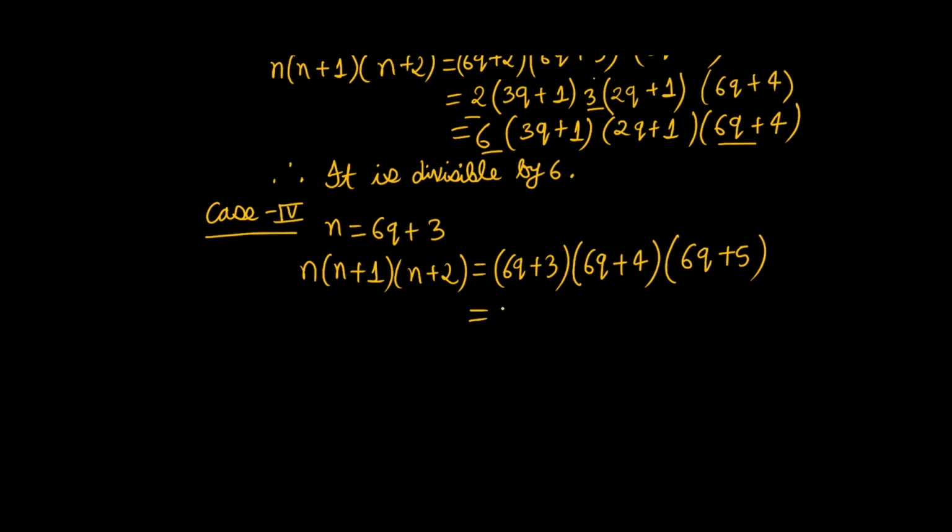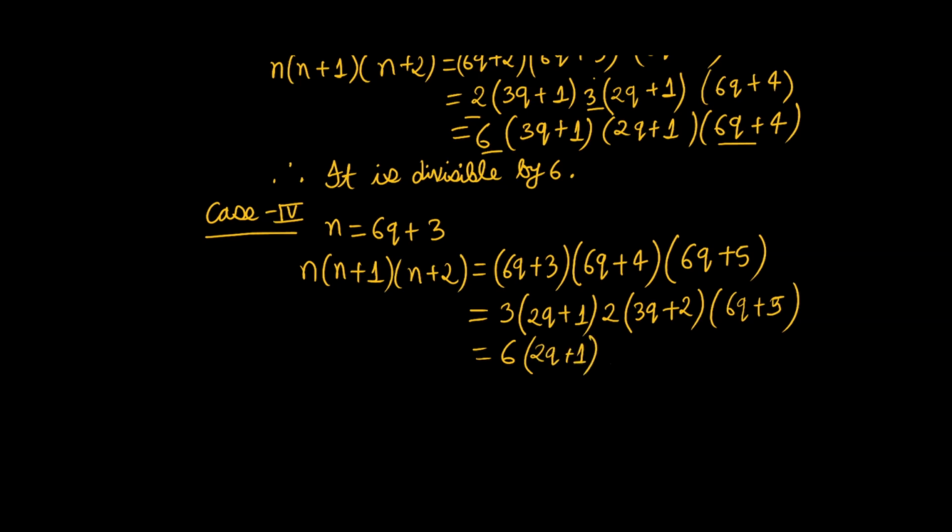So here 3 is common, 2q plus 1. Here 2 is common, 3q plus 2. Here we don't need common. So we can write here 6, 2q plus 1, 3q plus 2, 6q plus 5. So it is also divisible by 6.